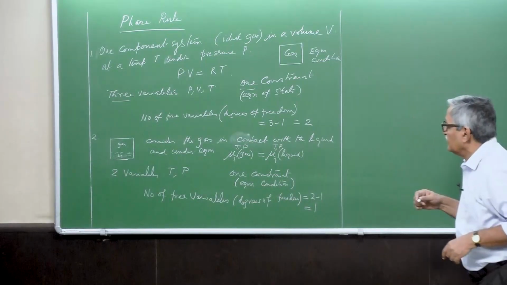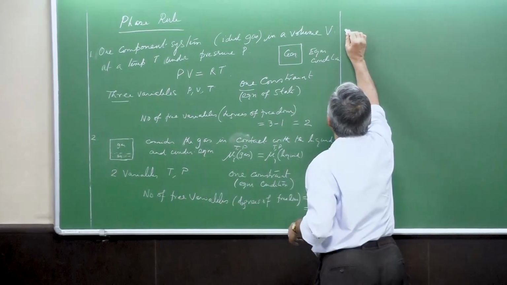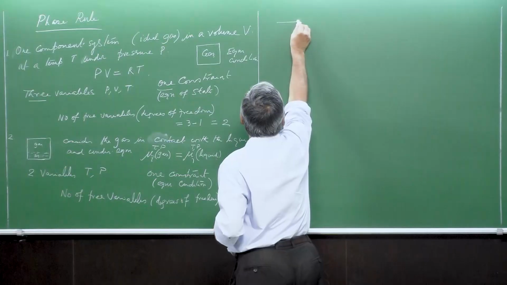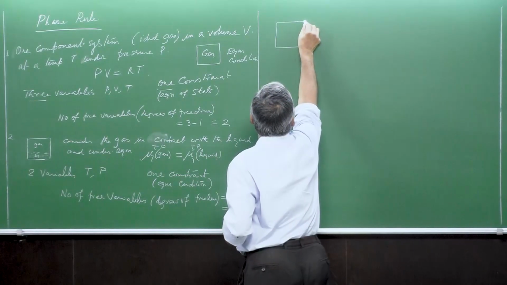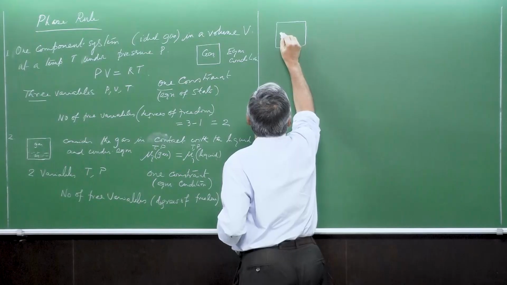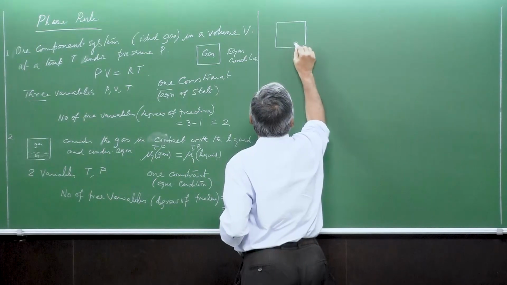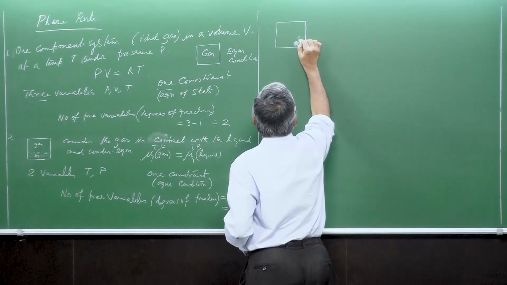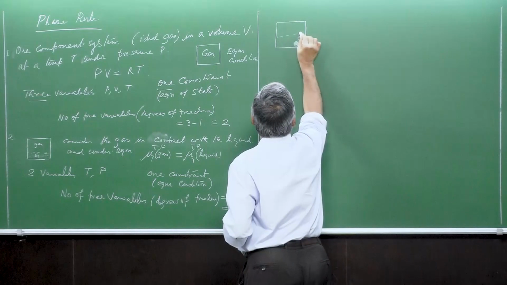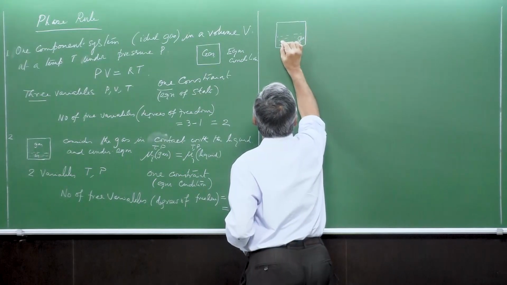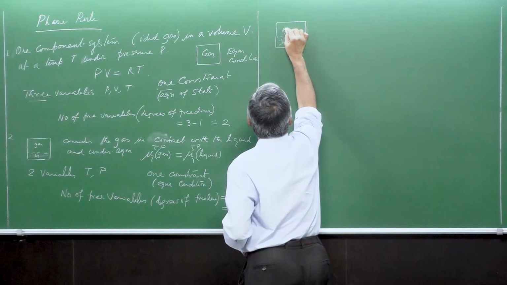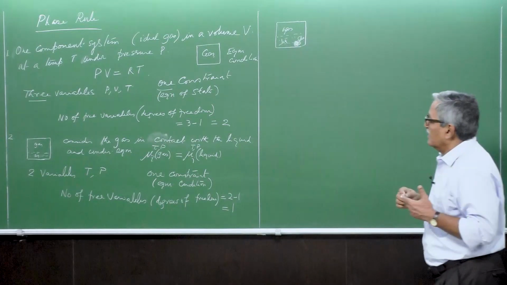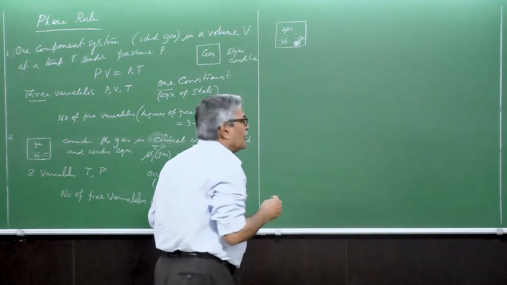Now we come to another example. Say a gas, liquid and solid: one component but three phases. If this is the situation, it means I am at the triple point.